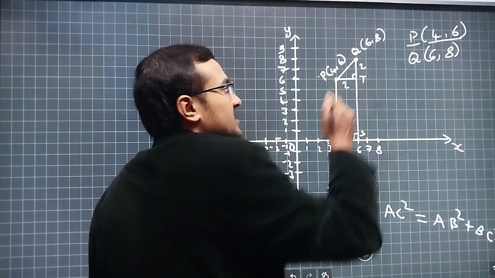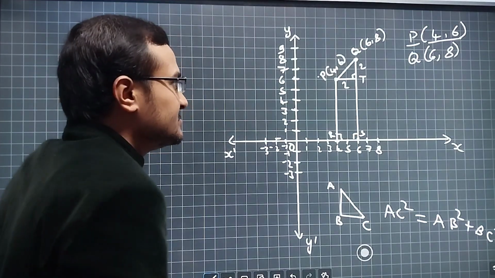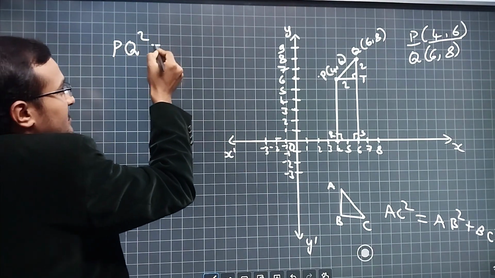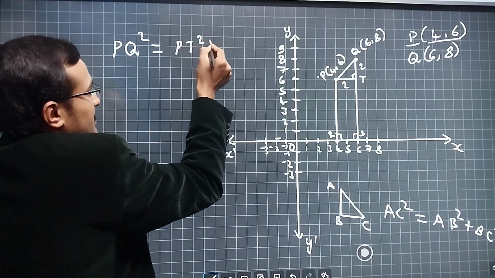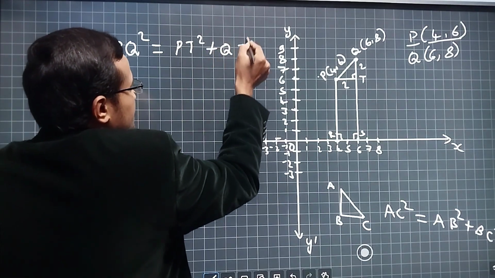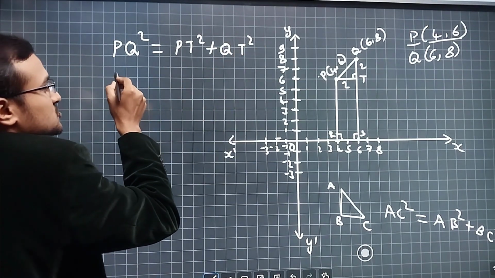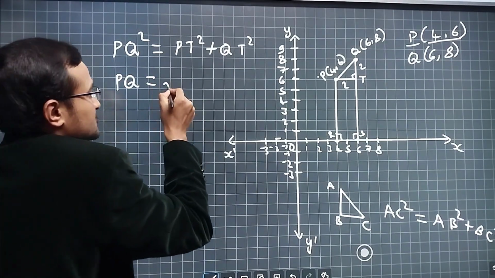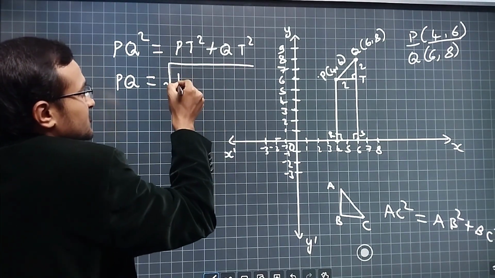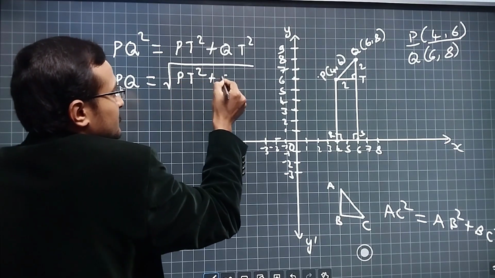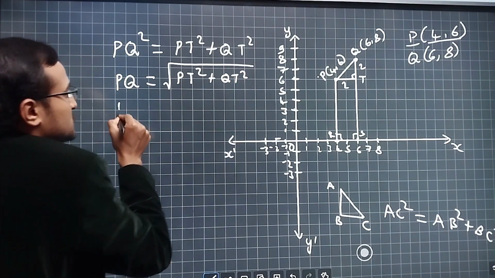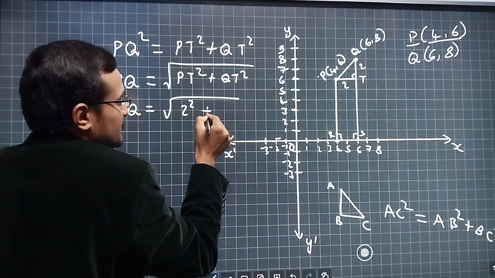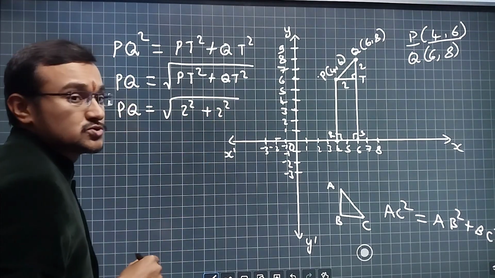Now you can use the Pythagoras theorem to find the distance PQ. So PQ square is equal to PT square plus QT square. We don't know what PQ is, so we take the square root on both sides. PQ is equal to the square root of PT square plus QT square. PT is 2 units, so 2 square, plus QT is also 2 units, so 2 square.